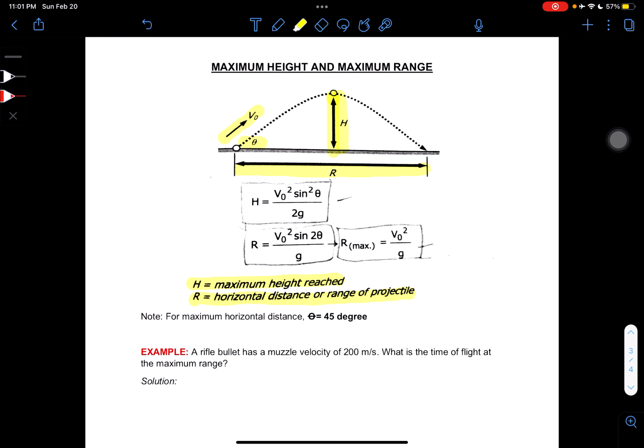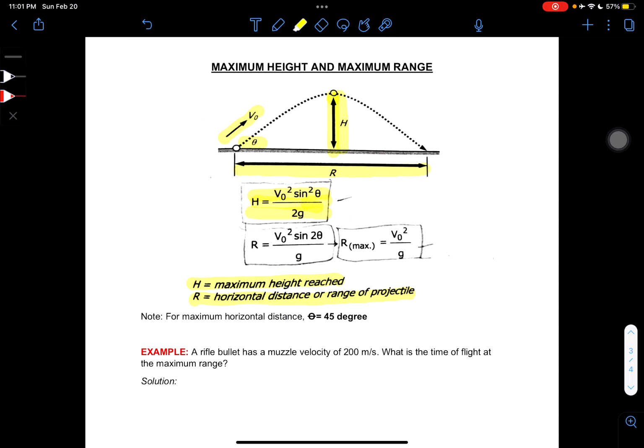So we have here our formula. H is equal to V0 squared multiplied by sine squared of angle theta, divided by 2 multiplied by gravity. So take note for our formula.